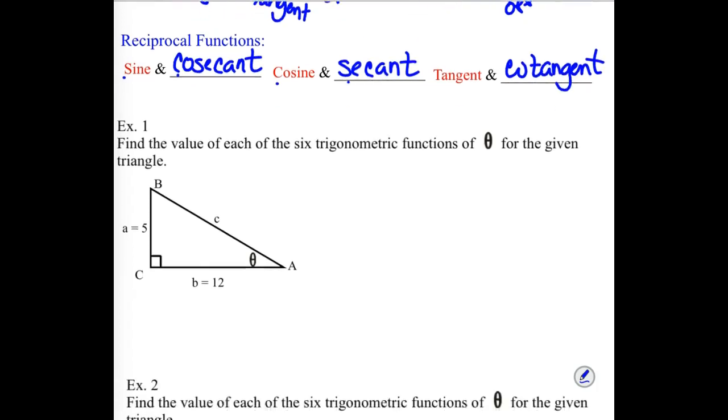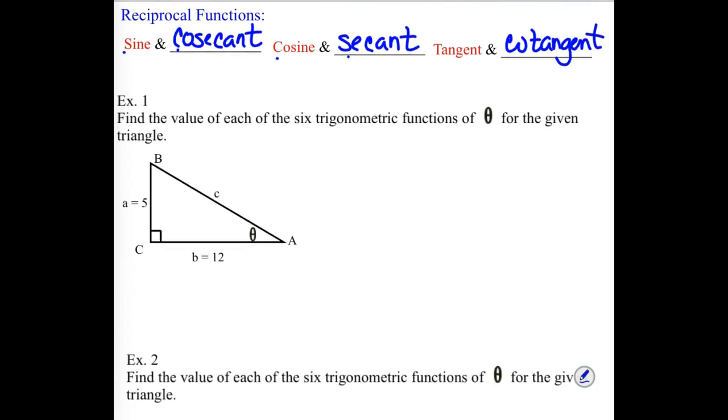So this is asking me to find the value of each of the 6 trig functions for angle theta. Using angle theta here, or angle A, we want to figure out which sides are opposite, adjacent, and hypotenuse. Which one would be opposite angle A? Side BC.